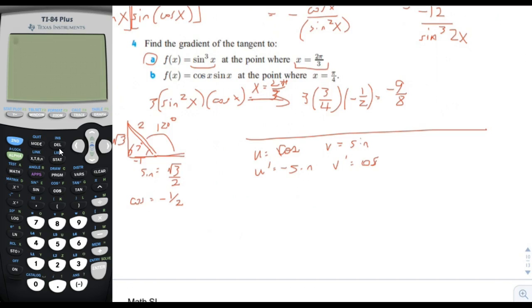Using the product rule, we're going to have u times v dashed, which is cosine times cosine, plus u dashed, which is negative sine, times v, which is sine. And that is equal to cosine squared x minus sine squared x. So let's evaluate that at the point where x equals pi over 4.